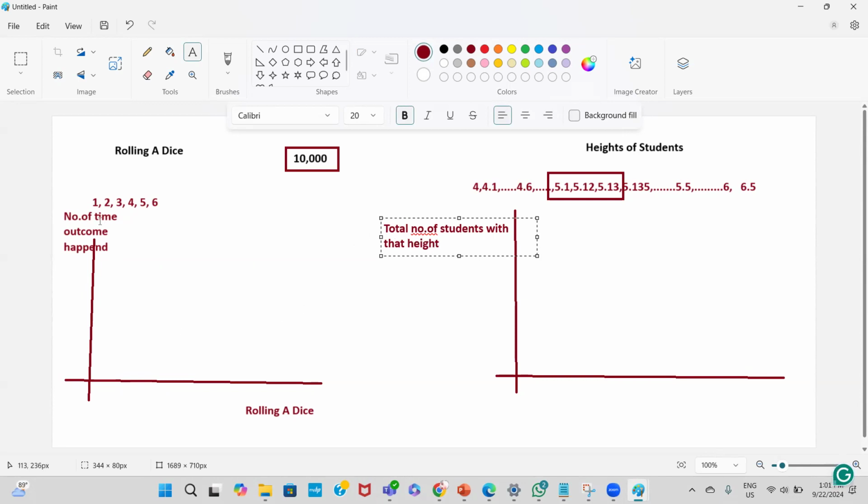If you look at this, rolling a dice, what are the possible outcomes? The only possible outcomes are 1, 2, 3, 4, 5, and 6.